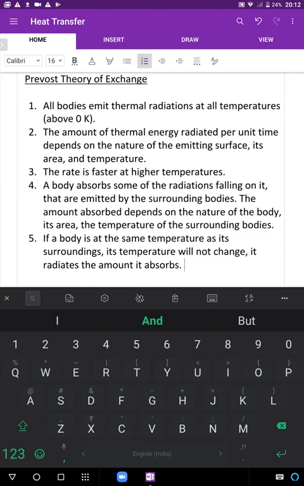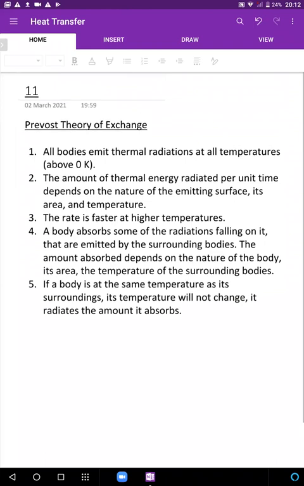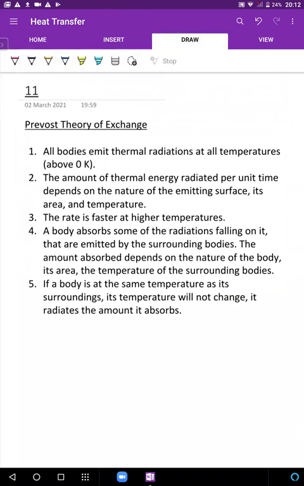So when a body is at equilibrium, when its temperature is the same as its surroundings, what is really happening is the body is absorbing heat from the surroundings and is also emitting heat to the surroundings. And these two rates are exactly the same. That's why temperature stops changing.